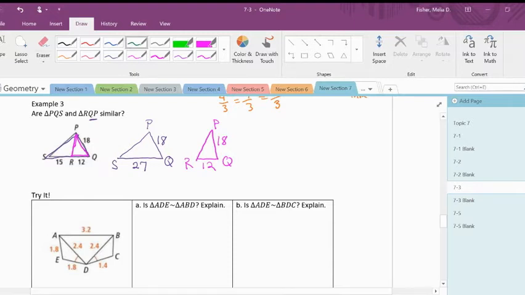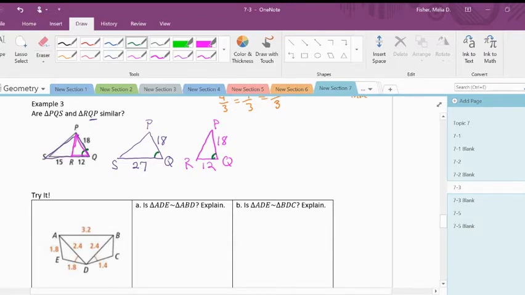Because Q is the same angle for both pieces, we would use the reflexive property to say that angle Q is congruent to angle Q. Now we just have to check to see if the triangles are similar. Which pieces are we going to compare?